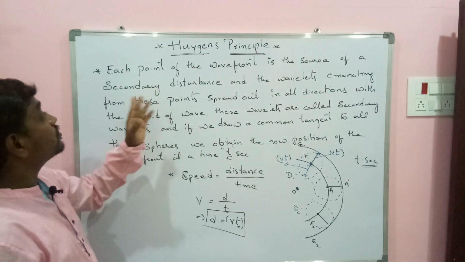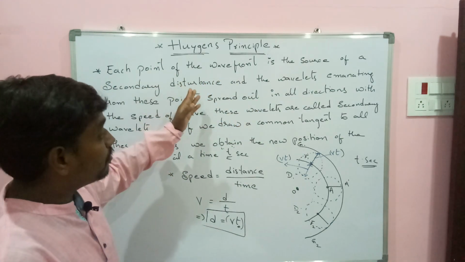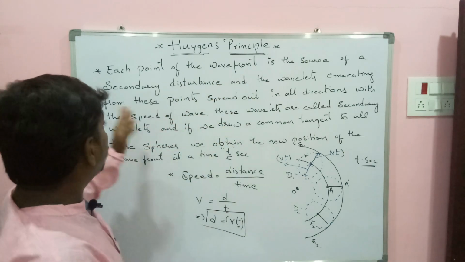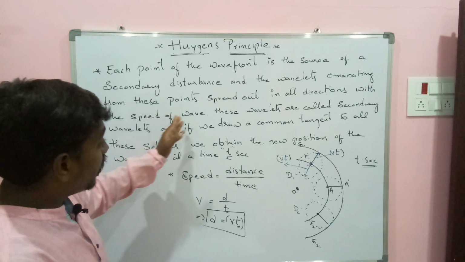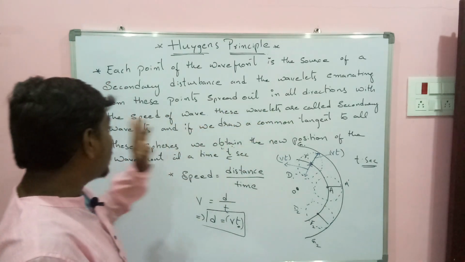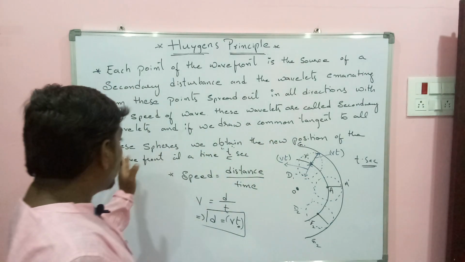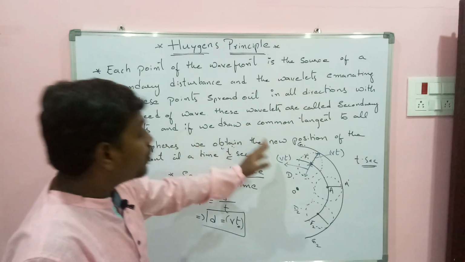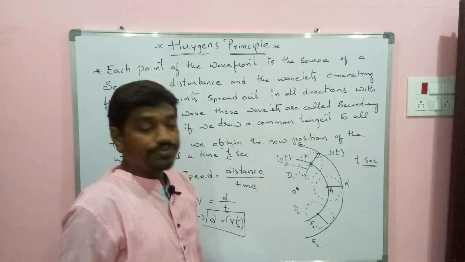It demonstrates that each point on the wavefront is the source of a secondary disturbance, and the wavelets emanating from these points spread out in all directions with the speed of the wave. These wavelets are called secondary wavelets, and if we draw the common tangent to all these spheres, we obtain a new position of the wavefront at time t seconds.